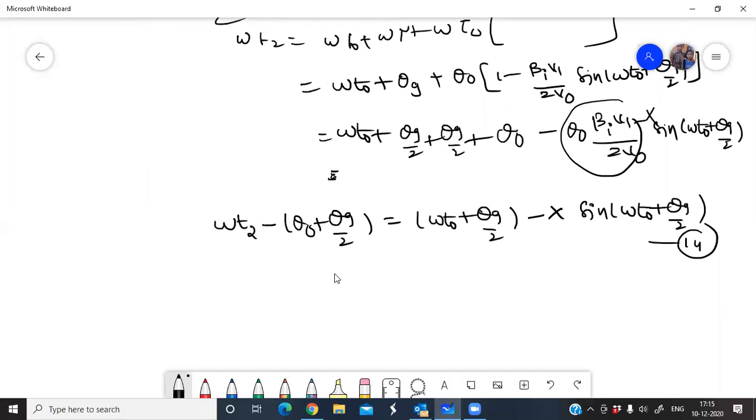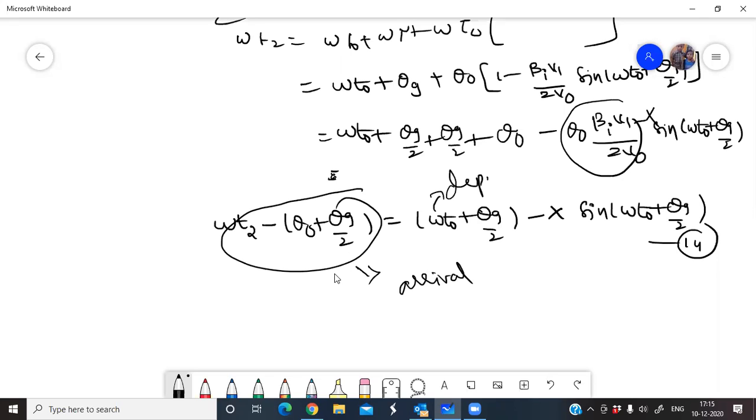One important point is that omega T naught plus theta z by 2 is the buncher cavity departure angle, and omega T2 minus theta naught plus theta z by 2 is the catcher cavity arrival angle.